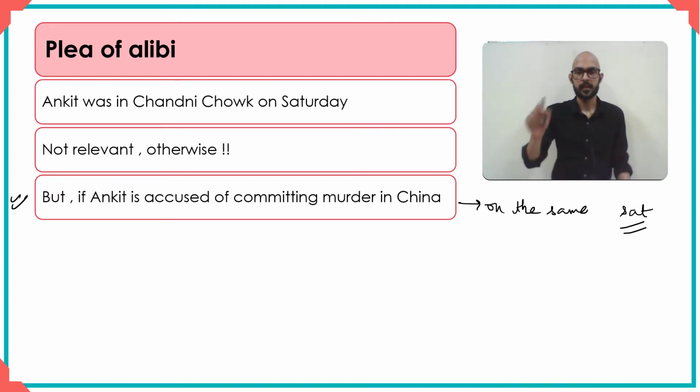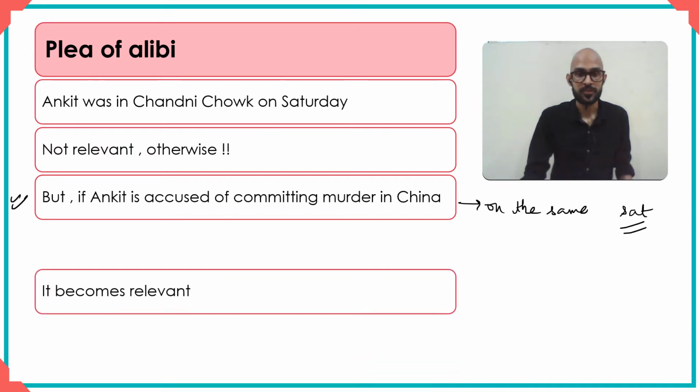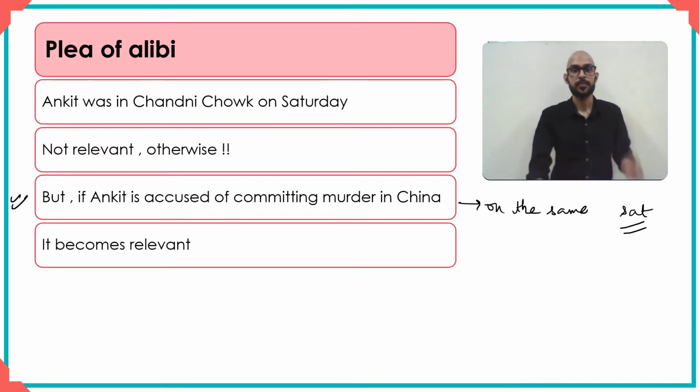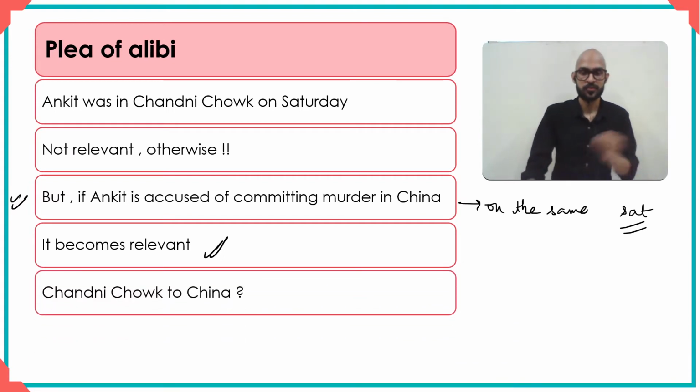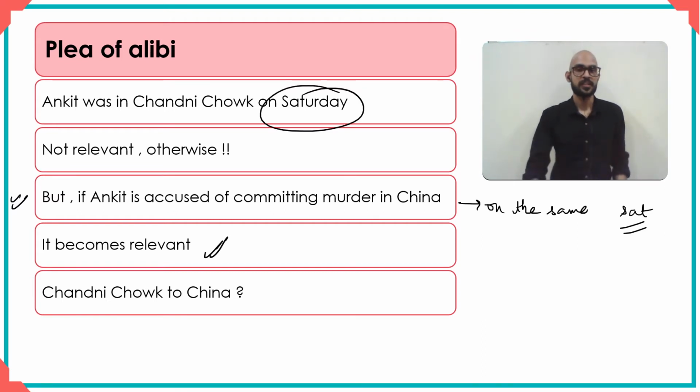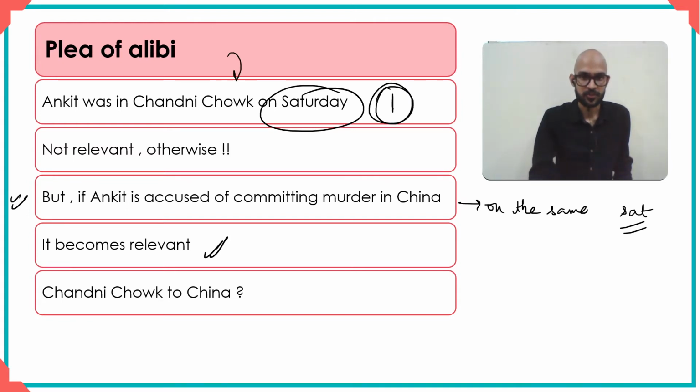Did Ankit commit murder? Now, when you see it in relation with this, it becomes relevant, right? It becomes relevant because otherwise one has to travel from Chandni Chowk to China, which maybe is not possible on the same day. Now the question is, these two facts, the fact number one, the fact that has been introduced by Section 11, and fact number two, which is the fact in issue, there is a relationship between these.